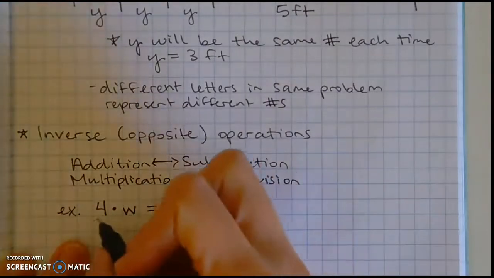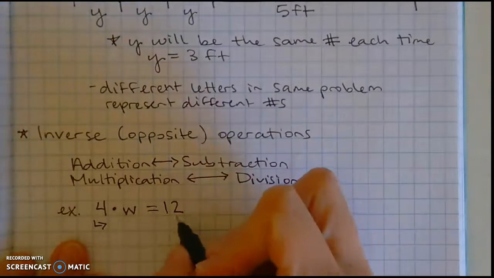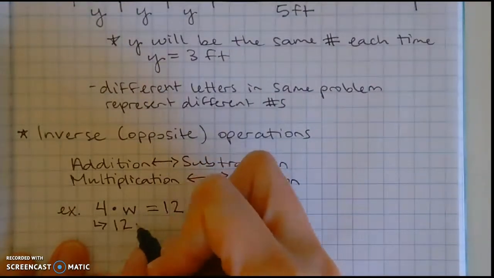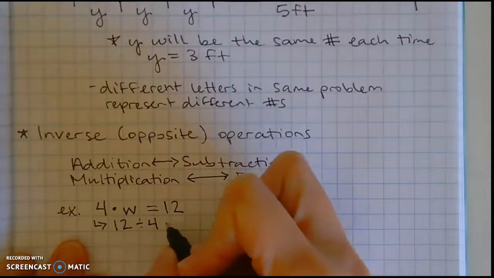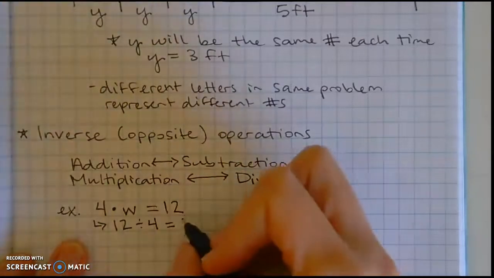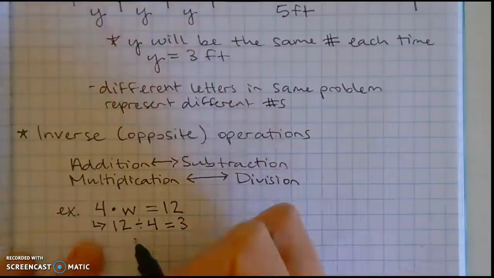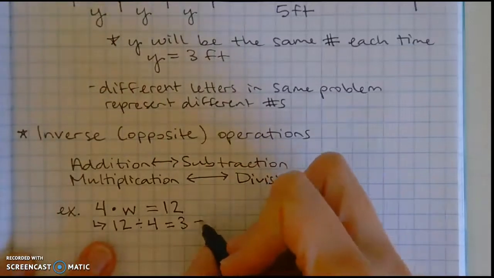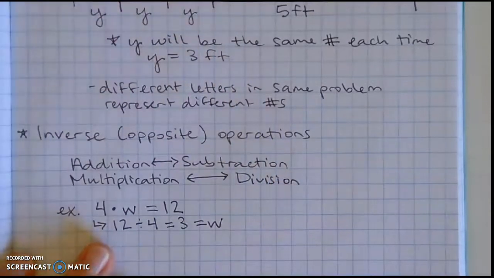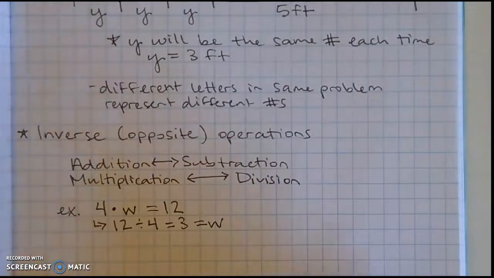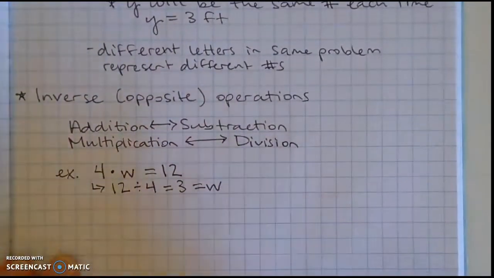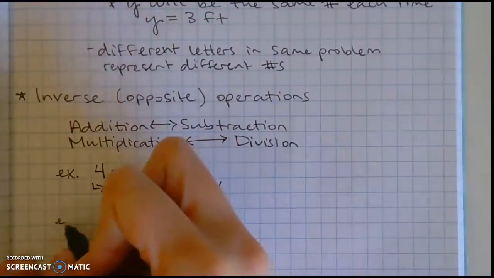So how I would write this, I'm going to divide 12 by 4, and that's going to give me 3, because I know 12 divided by 4 is 3, so W equals 3.